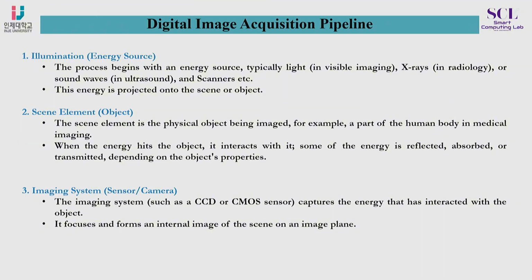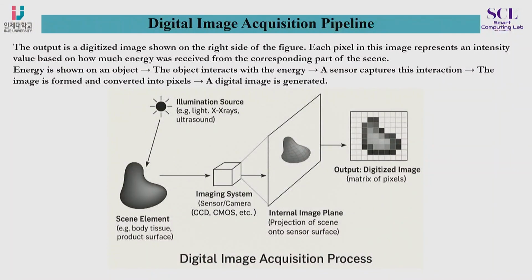And the scene elements are your physical object, maybe your chest, maybe your tissue, maybe your bones. And imaging systems are the scanners, or the imaging system captures the energy that has interacted with the object. Here, you can see.